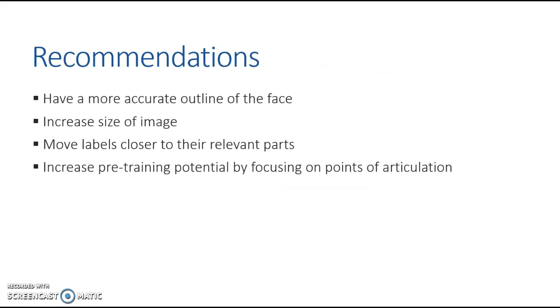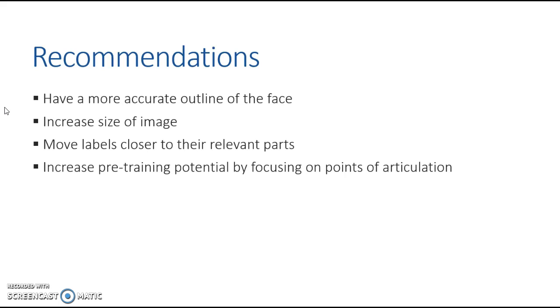So, if I had to make particular recommendations for improving this image, I'd suggest that the illustrator come up with a more accurate outline of the face that was easily identifiable. I'd also suggest they increase the size of the image, which would allow them to move the labels closer to their relevant parts and also make it more accessible to visually impaired learners.